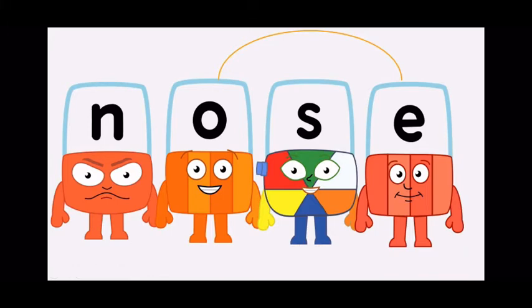We have nose. N-O-S, the E is the quiet letter. You didn't sound it. So say nose. Everybody read nose. So the word ends with E. The sound of letter O is long.